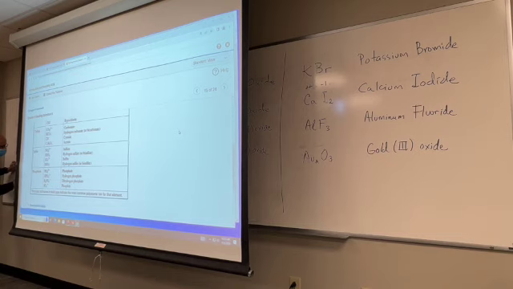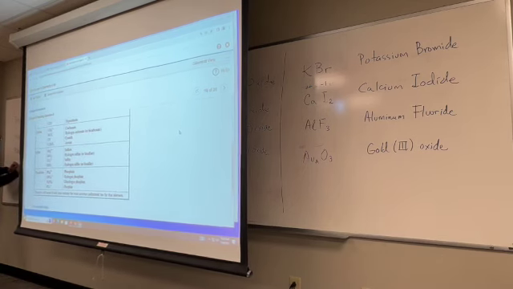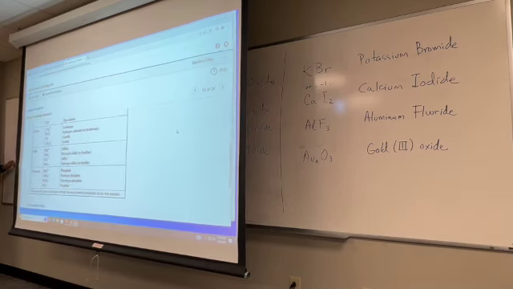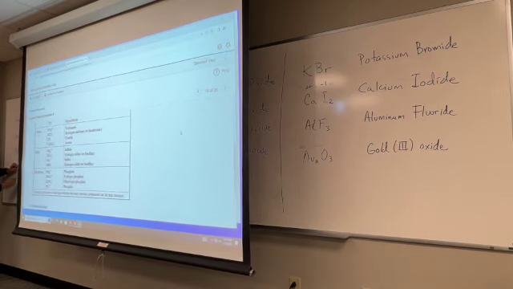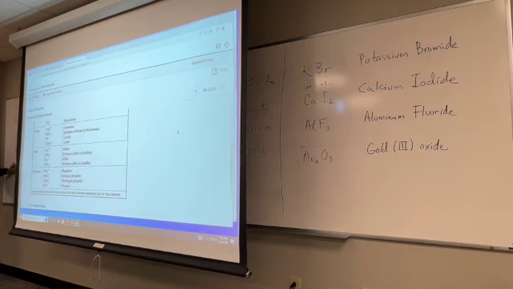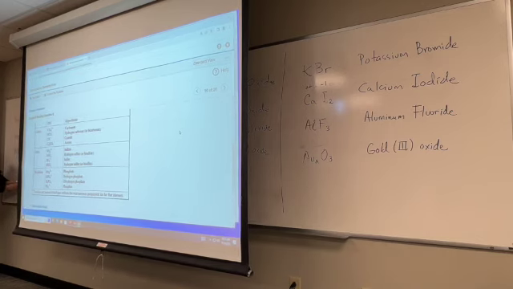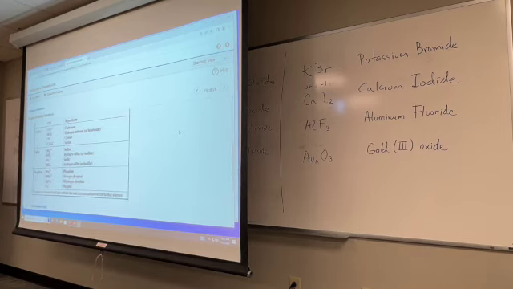However, phosphate has a charge of 3 minus. Potassium has a charge of 1 plus. So when we crisscross, we end up with K3PO3. Now, we don't need a parenthesis here because this doesn't have a subscript. The number is 1 of these. If I had 2 of these, then I would have to use a parenthesis.